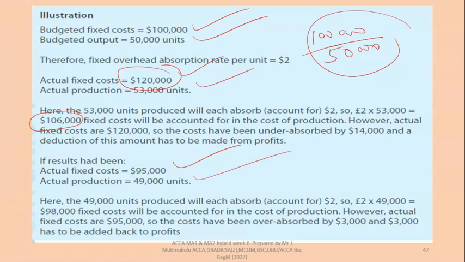So it means that we have over absorbed by 3,000, and 3,000 has to be added back to profit. We had over absorbed, so the extra should be added back to the profit. That's the trick there.